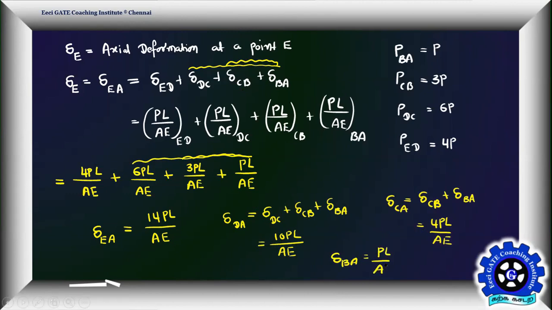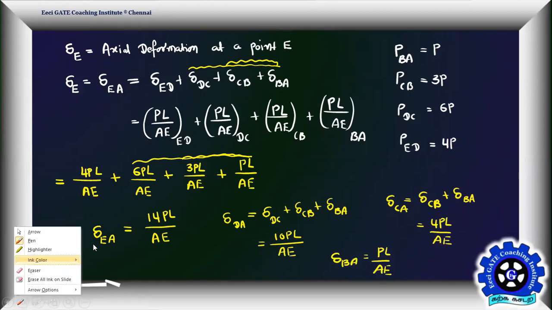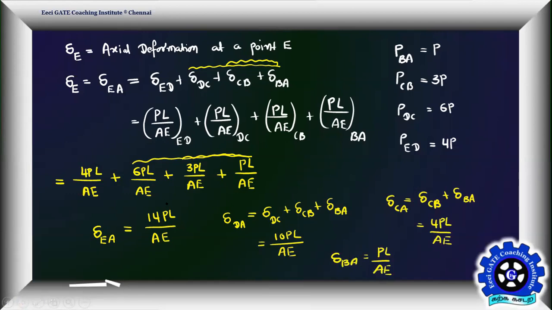So now tell me, which point is subject to the maximum magnitude of axial deformation? E point, is it correct? E point. So B point will be minimum.